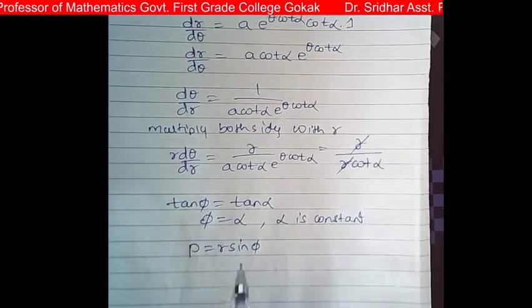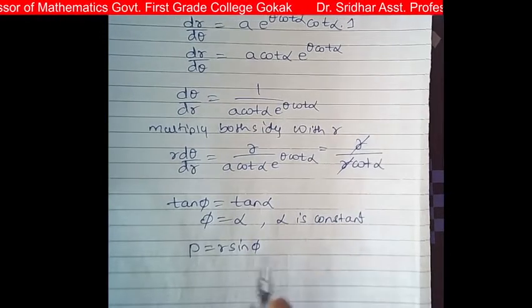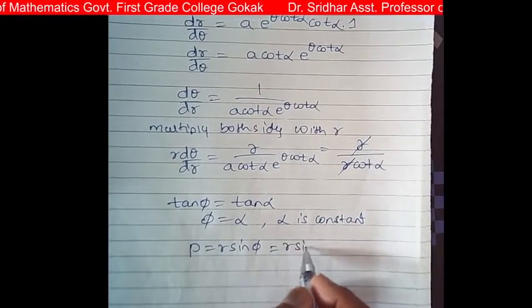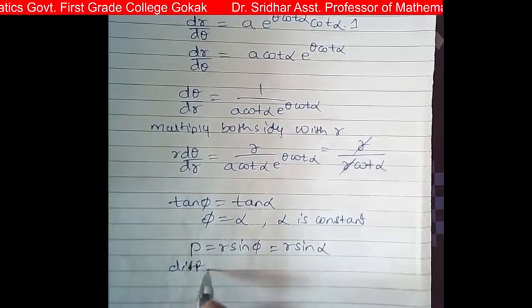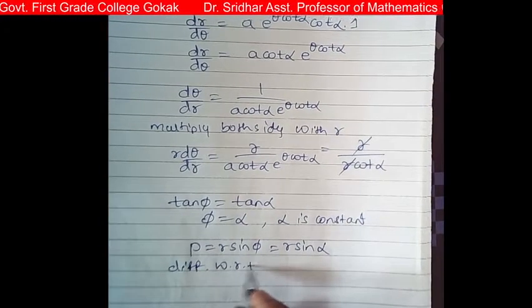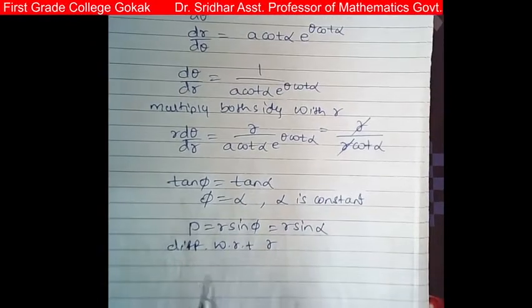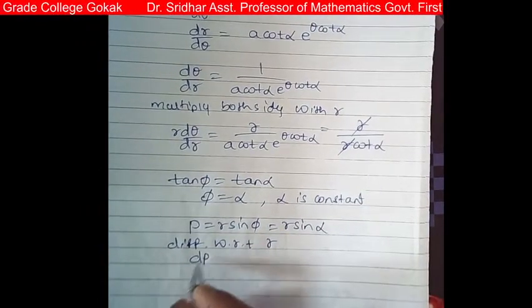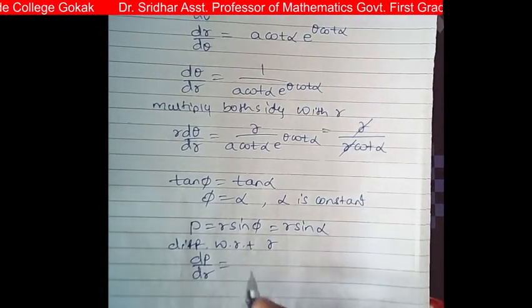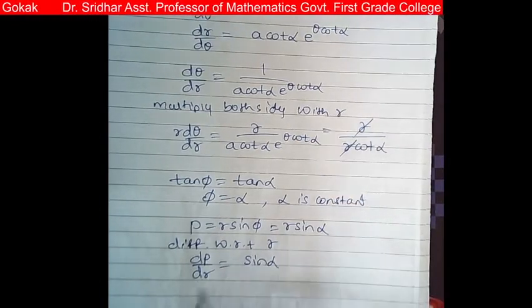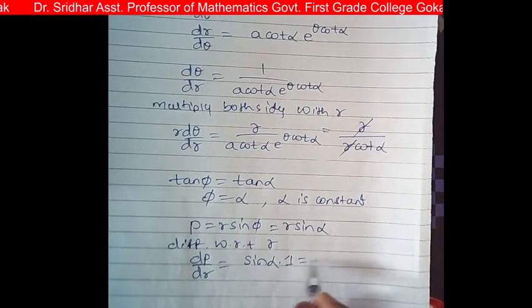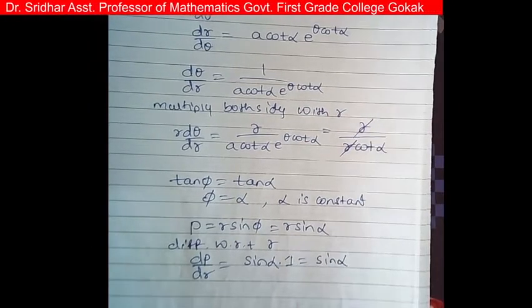Substituting this value of phi, p is equal to r sin alpha. Now differentiating with respect to r, we find dp by dr. So dp by dr is equal to, sin alpha is constant, differentiation of r with respect to r is 1, which is equal to sin alpha only.